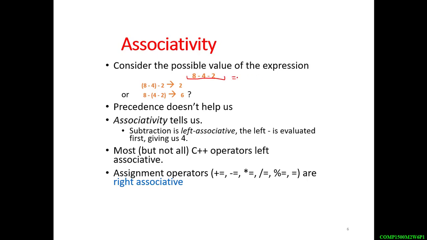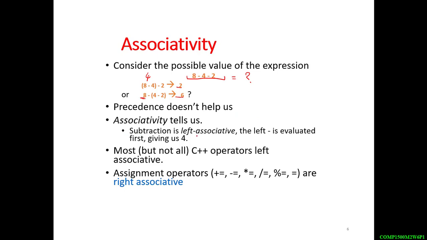The second option is 8 minus, 4 minus 2, which is 2. 8 minus 2 will be equal to 6. So here precedence doesn't help us. Instead, associativity will tell us subtraction is a left associative function. And when we say left associative, we start from left to right. We put brackets here, then brackets here.